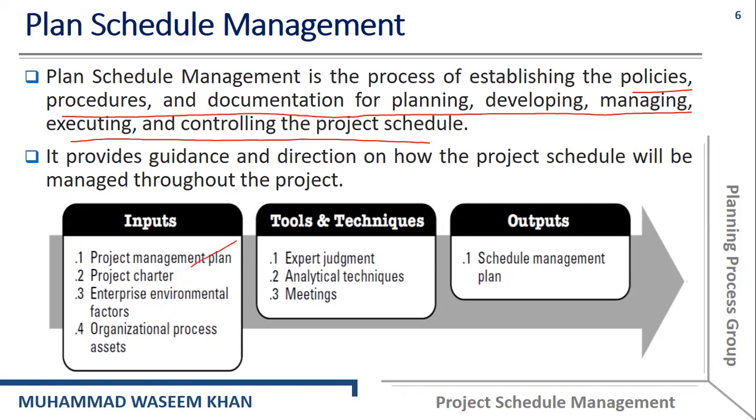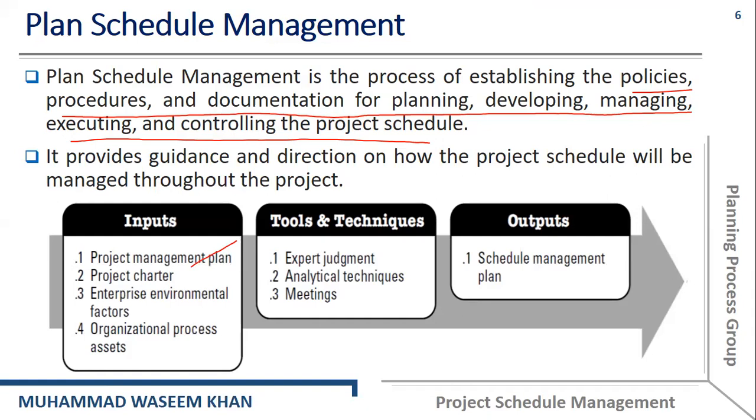There are some inputs, tools and techniques, and outputs for this process. Inputs include the project management plan, project charter, enterprise environmental factors, and organizational process assets. We have discussed all of these inputs in the previous lessons.